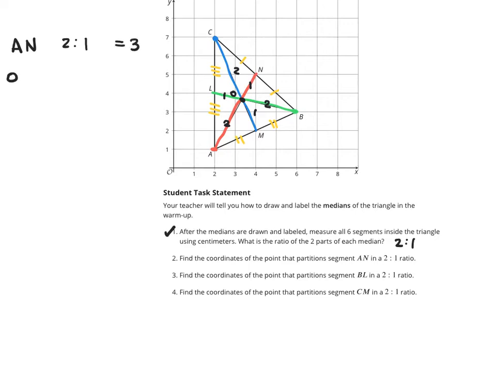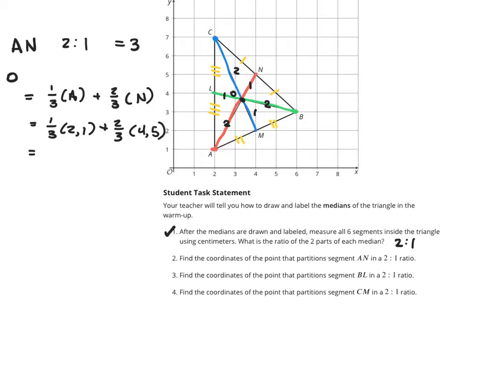Just like last lesson, I'm going to set up an expression that says I need to go 1/3 of the distance for A and 2/3 for N. So let's find our ordered pairs. So 1/3, A is (2, 1), and 2/3, N is (4, 5).